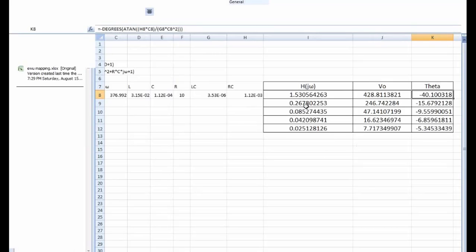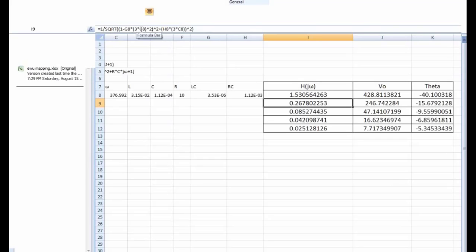In case of the second one, the formula is the same, but due to the harmonics number, the frequency changes. That's why square root of 1 minus G8. G8 means LC. Okay? And C8 means the omega. Because of the harmonics number, third harmonics, it is three times the fundamental frequency.